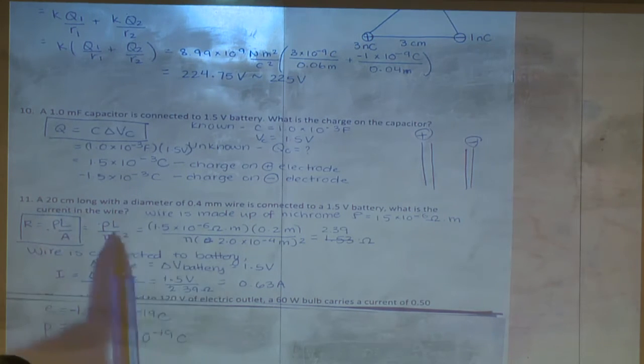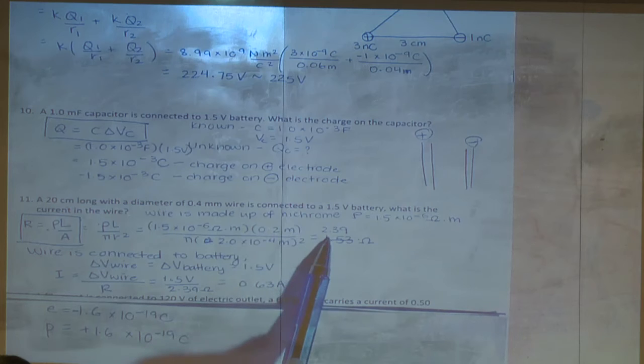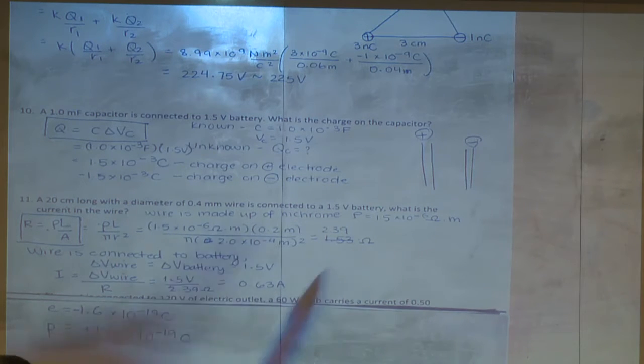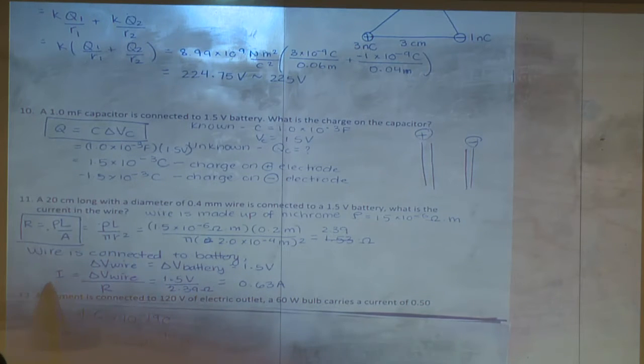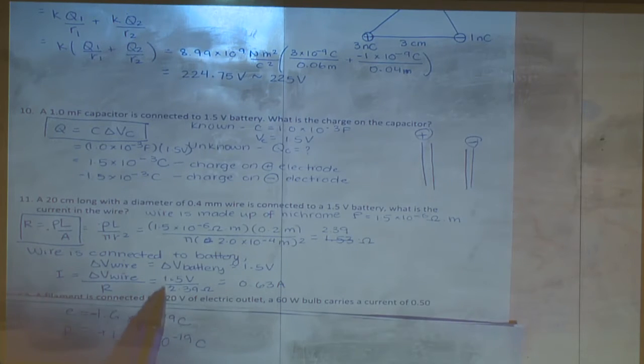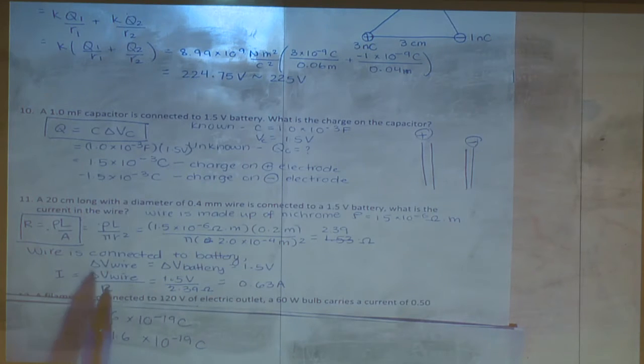So if we solve for that, we're going to get 2.39 ohms, and then we plug that into the V equals IR formula, Ohm's law. If we solve for I, it's voltage over resistance. So voltage is 1.5 volts over resistance 2.39, and that gives us 0.63 amps. So our current running in the wire is 0.63 amps.